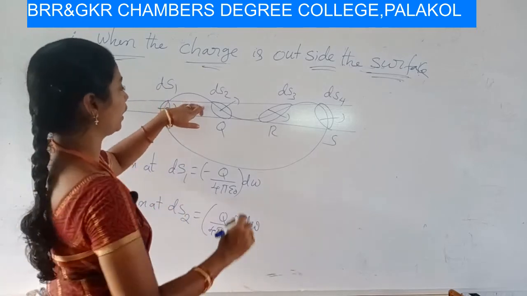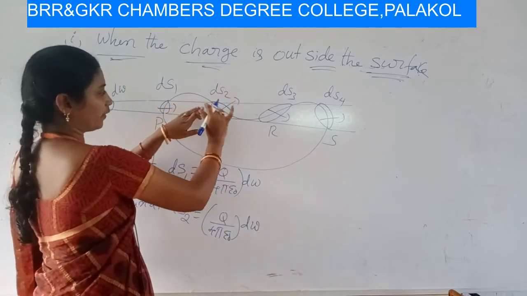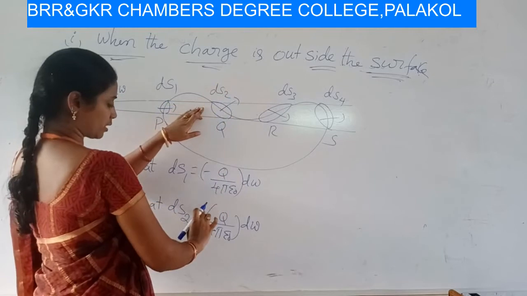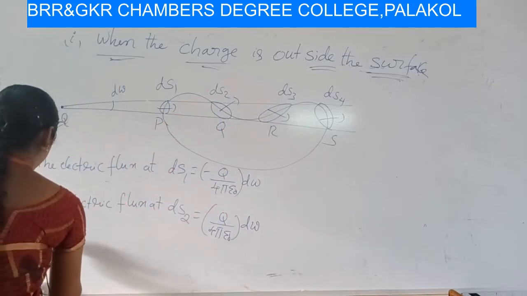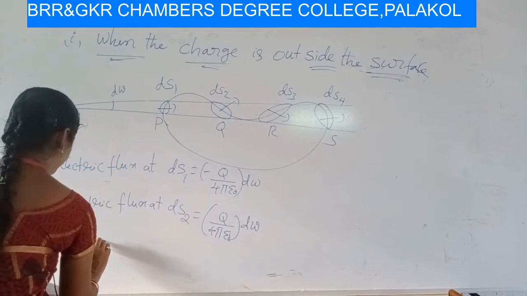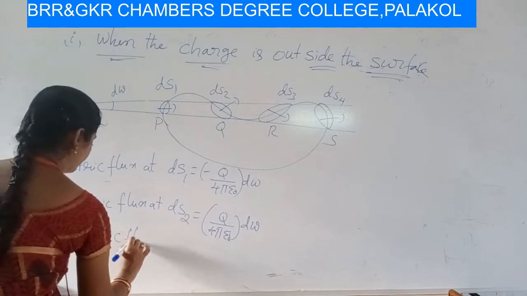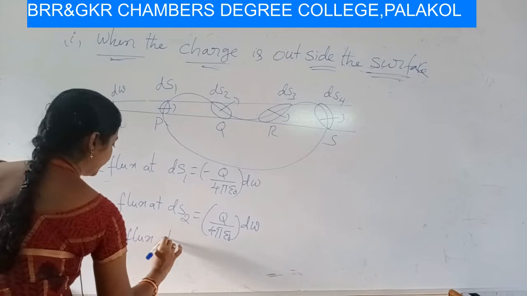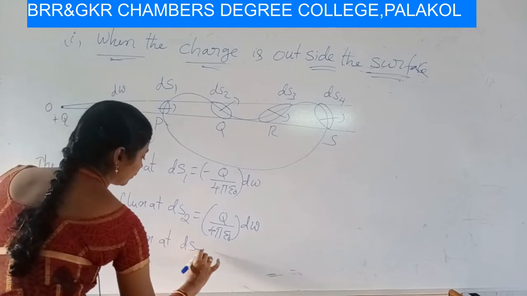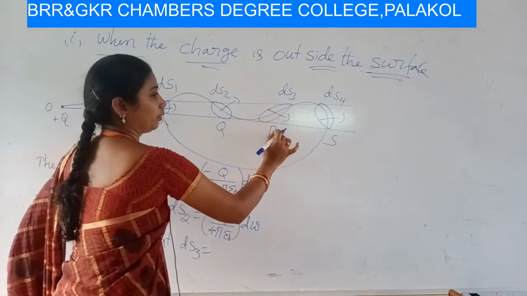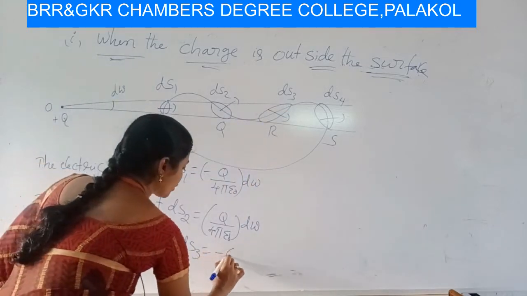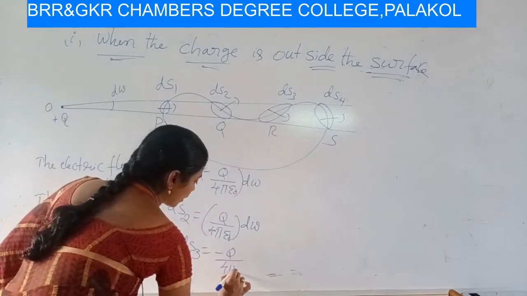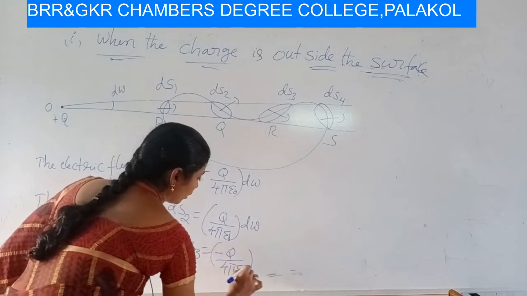Here for this ds2 area the flux is leaving in the outward direction, hence we put a positive sign. The electric flux at ds3, which is at point R, is in the inward direction, so we put a negative sign: minus q by 4 pi epsilon naught d omega.